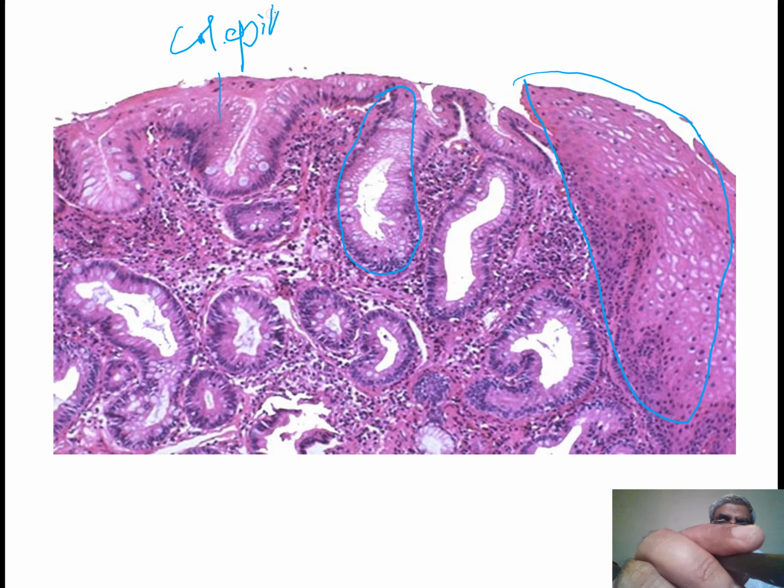Sorry about my handwriting. And these are the clear cells present. These clear cells, they are the goblet cells. So intestinal type of columnar epithelium, that is containing goblet cells, very important.